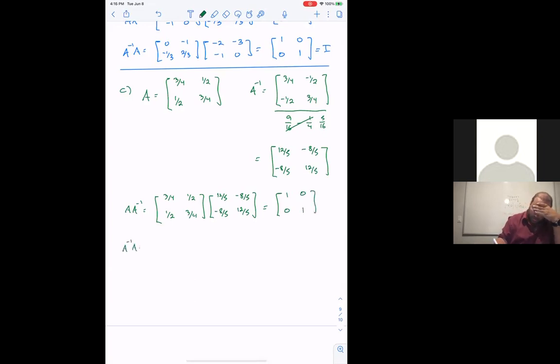And then A inverse A is 12 over 5, negative 8 over 5, negative 8 over 5, 12 over 5, and then 3/4, 1/2, 1/2, 3/4. So what do we get? We get 9/5 minus 4/5. 5/5 is 1.